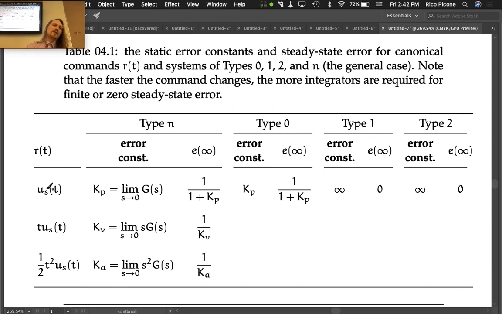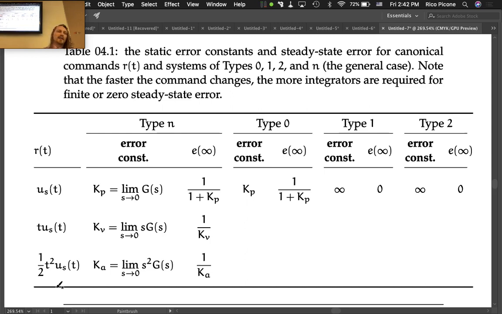It looks like position, velocity, acceleration, if you're integrating or differentiating to go the other way, and we're familiar with that concept from dynamics. That's why we call them position, velocity, and acceleration constants. So that's the name of them.